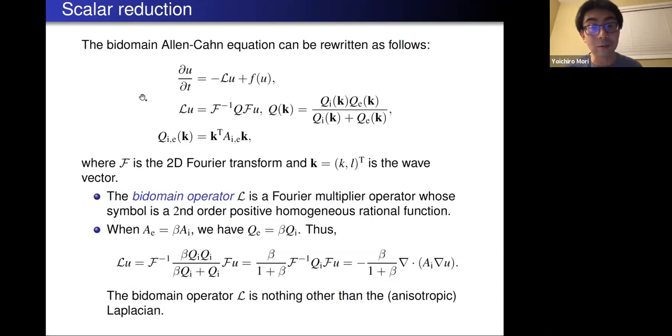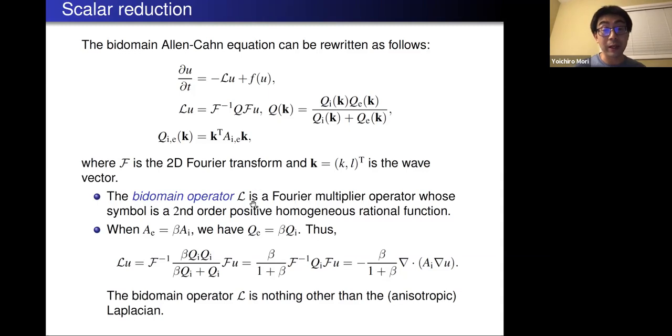L is a Fourier multiplier operator in which the Fourier symbol is given by the quotient Q_I times Q_E with respect to Q_I plus Q_E, where Q_I and Q_E are the quadratic forms defined by the conductivity matrices A_I and A_E.